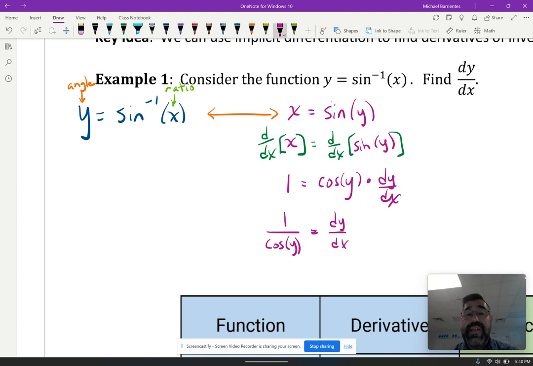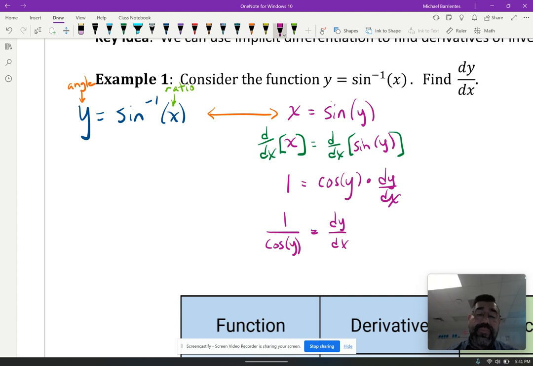So take the derivative of sine, and my inverse is going to be 1 over cosine, 1 over the derivative of the original function, which is what I have right here. The derivative of y, which is the derivative of the inverse of sine, is 1 over cosine of y. Why? Because cosine is the derivative of the original function, not the inverse, right? And so here I have my derivative formula.